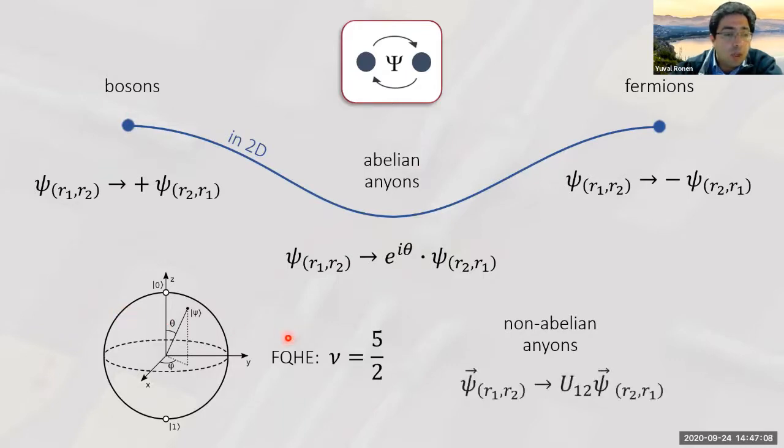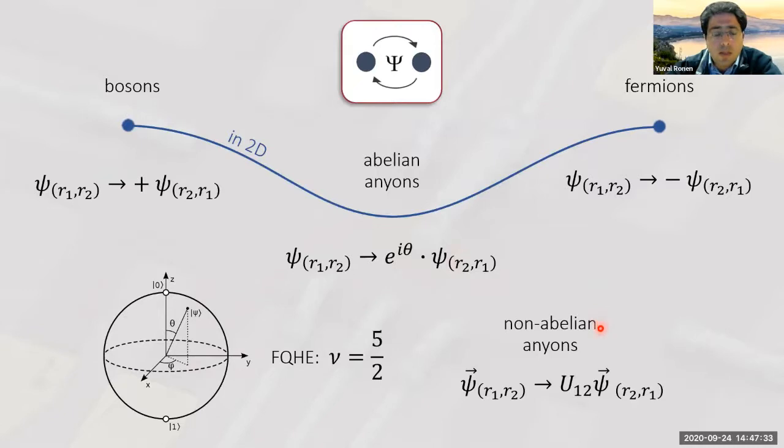So if you want to make this kind of rotation in a Hilbert space, you basically need to multiply by a unitary matrix. So that's the reason for the name non-abelian anyon, because this multiplication of matrices is non-abelian. A non-abelian anyon is a kind of generalization of abelian anyons.